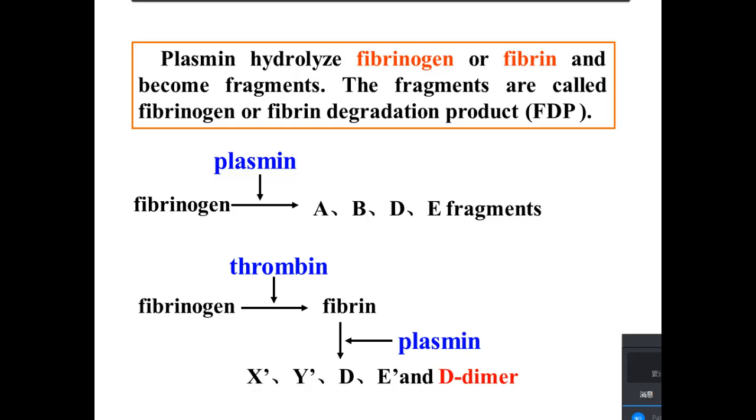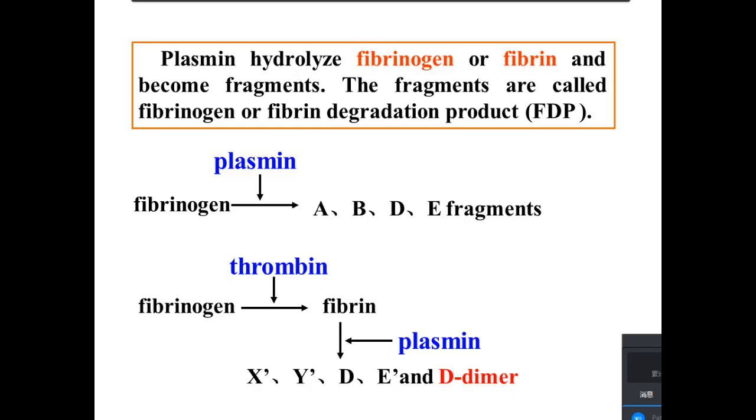So thrombin increases first, leading fibrinogen to form fibrin, and next leads to fibrinolytic system activation. So plasmin increases. Now, plasmin hydrolyzes fibrin and forms FDP.